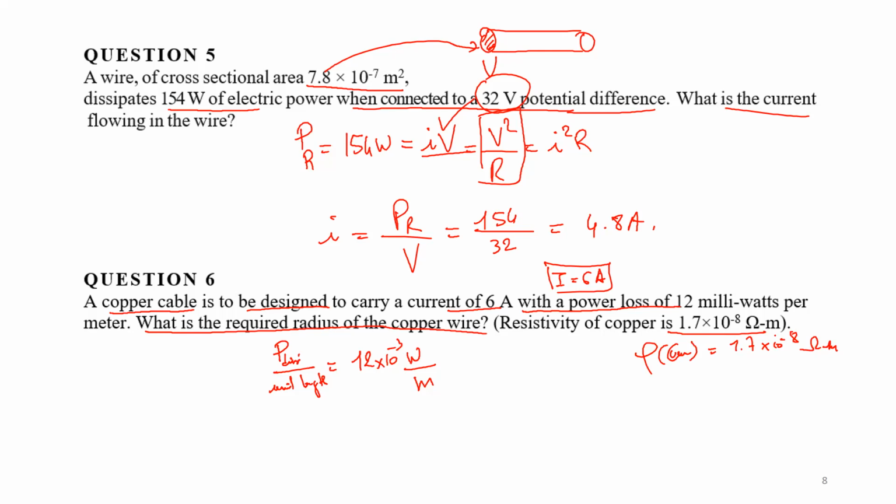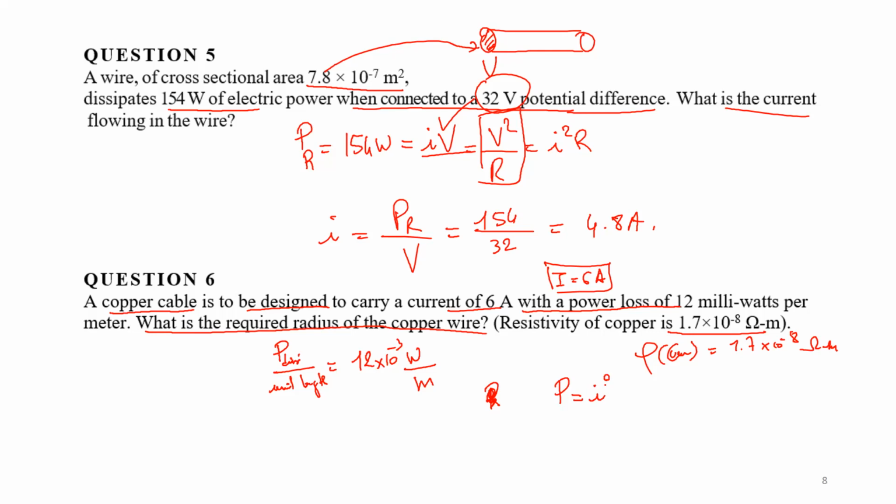Okay, now how should I do? Well, you know that power for a wire is equal to what? I can use IV, I can use I square R, so that's what I will use.